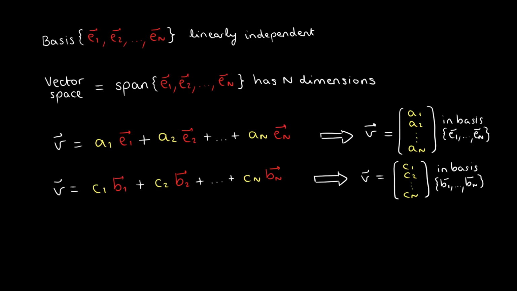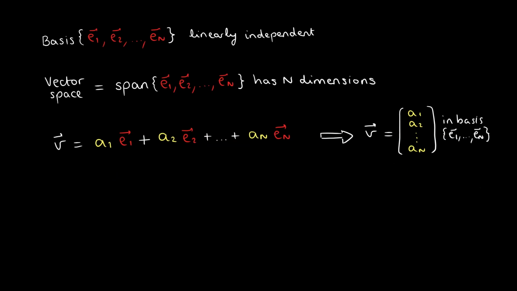And I'd like to add an important note on notation. So far, I have always tried to write things explicitly, such as when I have written V equals A1 E1 plus A2 E2 plus ... plus AN EN. But you really need to get used to reading and writing this kind of equation using the summation symbol. V equals sum from little n equals 1 to big N of coefficient an scaling the basis vector en.